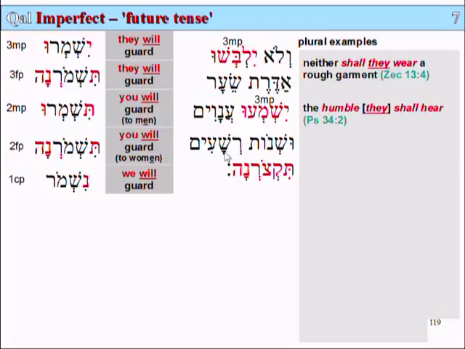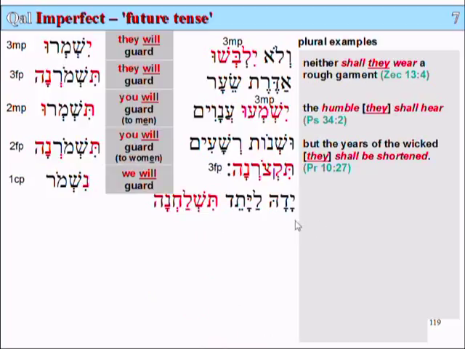As it's translated here: but the years of the wicked, they shall be shortened. So they shall be shortened is this third person feminine plural here, tikzorna. Again, the word for and has just been translated here, but it's still joining this sentence with what's going on previously in the sentence.